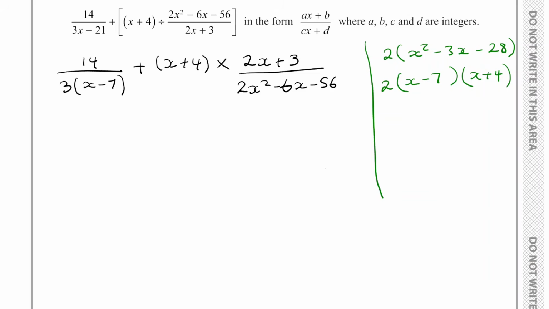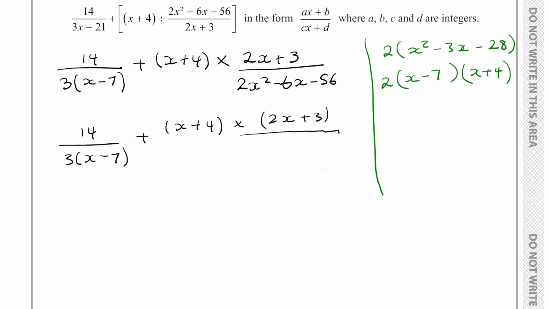So now I'm going to write it out again. So I've got (x plus 4) times (2x plus 3) over 2 times (x minus 7) times (x plus 4).